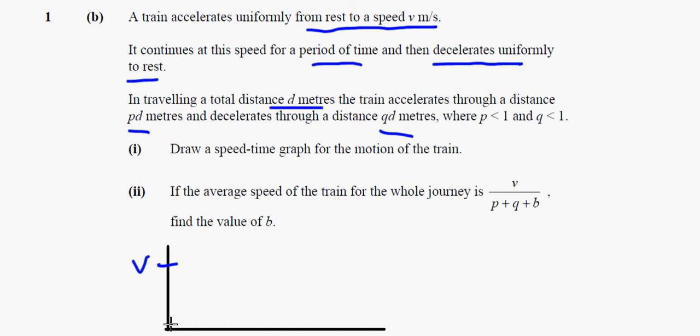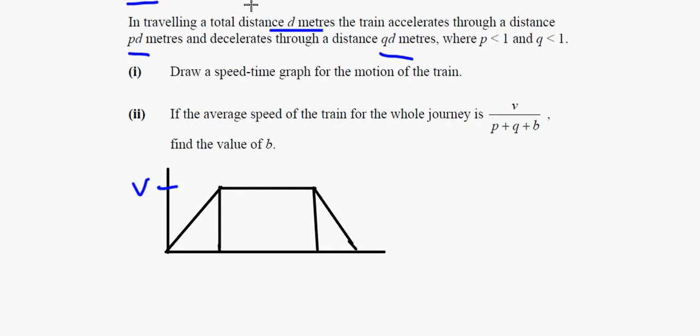What happens is it comes all the way up. This is the acceleration part. It hits a maximum velocity of v, then it travels at a constant velocity at this point, and then it decelerates back down to 0. So it starts from 0 to v, travels at v meters per second, then decelerates.